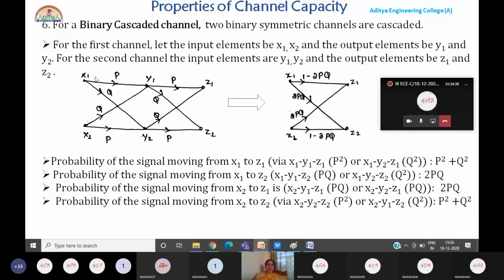So for the first channel, please see here: input elements are X1, X2 and output elements are Y1, Y2. For the second channel shown here, because cascaded represents that the output of the first channel is applied as input to the second channel, the input elements are Y1, Y2 and the output elements are Z1 and Z2.